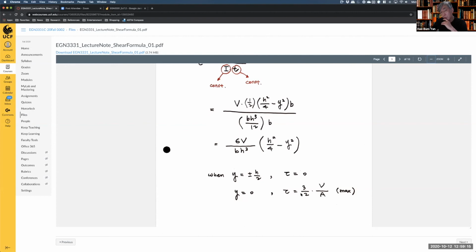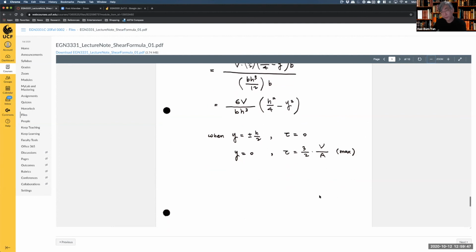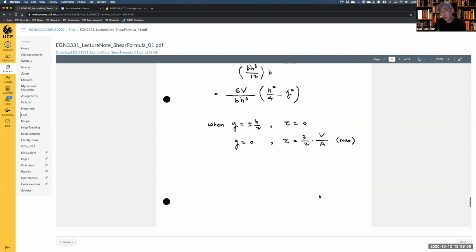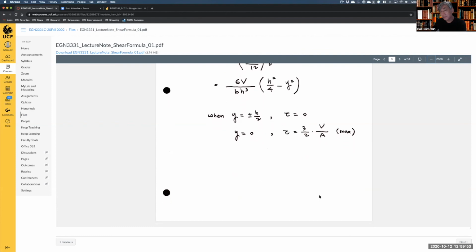So this is 1.5 V over A, which is 50% more than when we have a direct application of the shear force on the given area, okay? So 1.5, which is 50% larger shear stress at the neutral axis. So is everyone so far so good? Awesome.